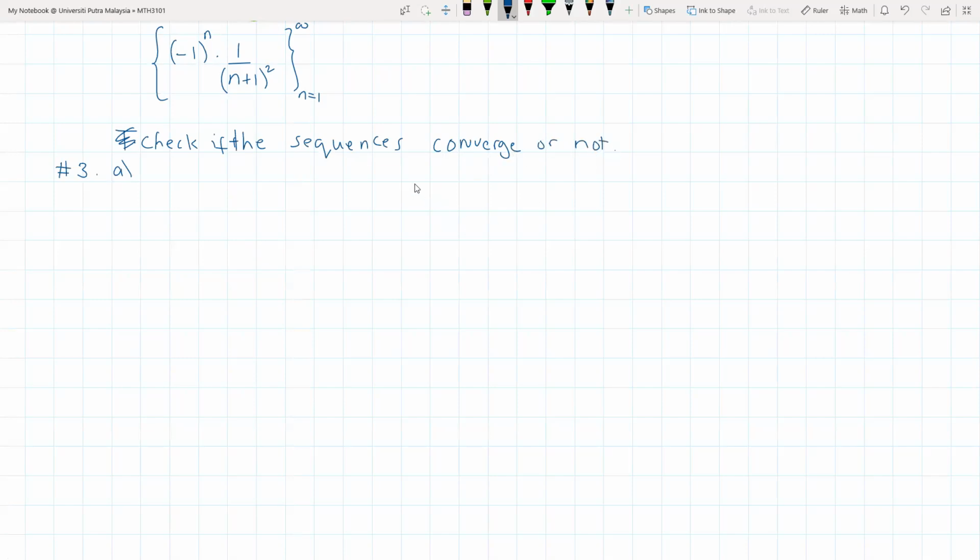So if you remember, the convergence of a sequence is the easy part. If you know that the sequence is u_n, so u_n is the general term for the sequence, and you only take the limit as n goes to positive infinity for u_n, and it goes to a finite number L. So it means that this sequence converges.